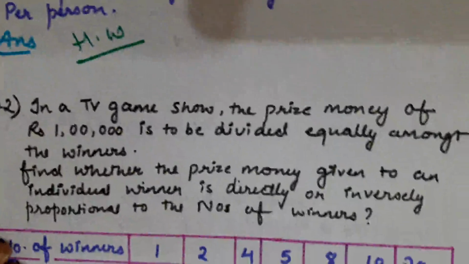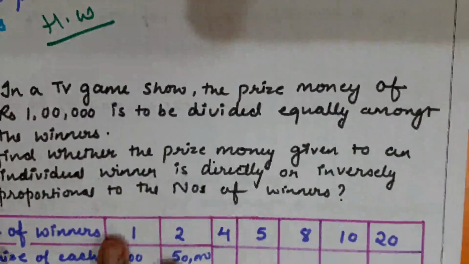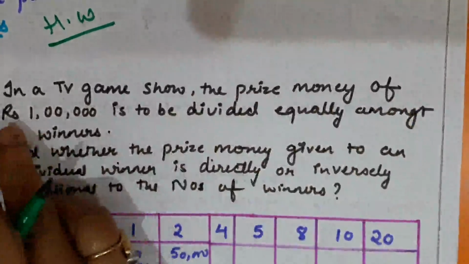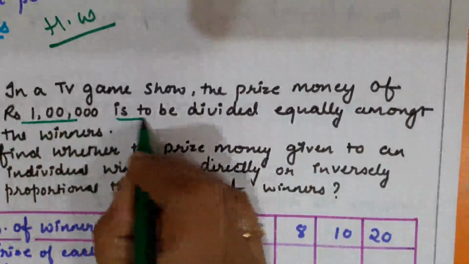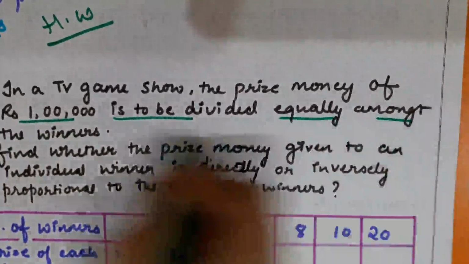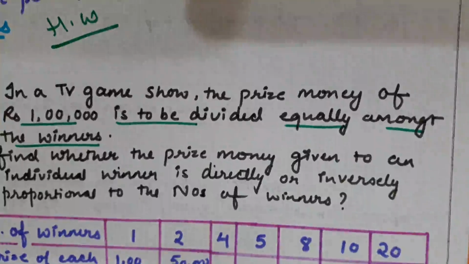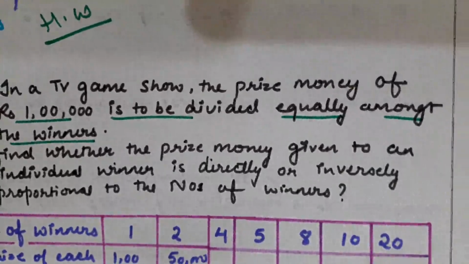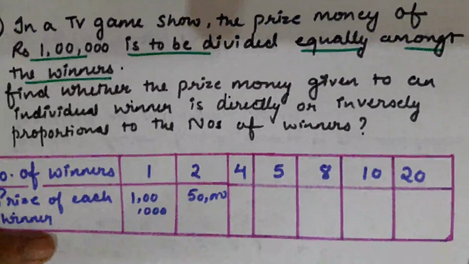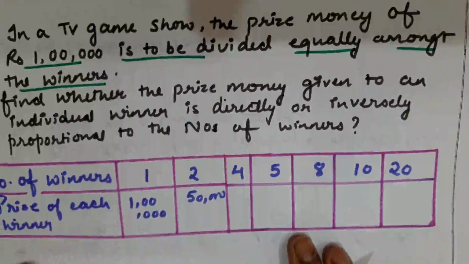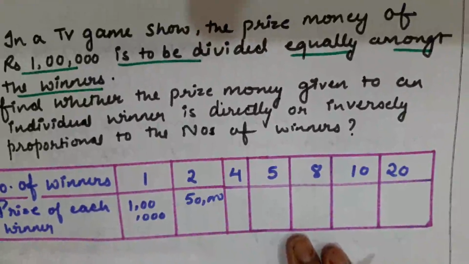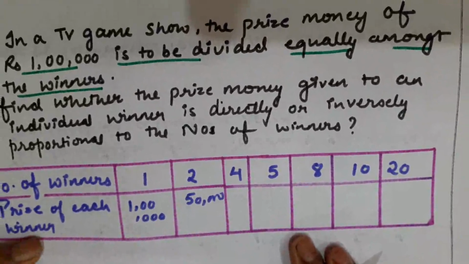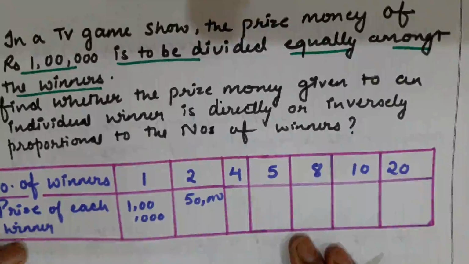Now question number 2 from this exercise. In a TV game show, the prize money of 1 lakh is to be divided equally among the winners. Find whether the prize money given to an individual winner is directly or inversely proportional to the number of winners. This table is already given to you and you need to fill it, and after completing it you need to tell whether it is direct proportion or inverse proportion.